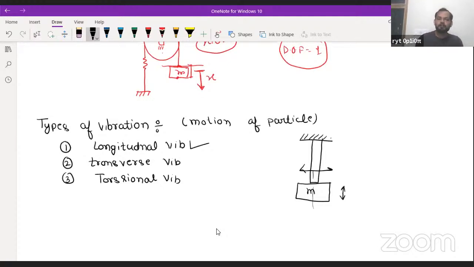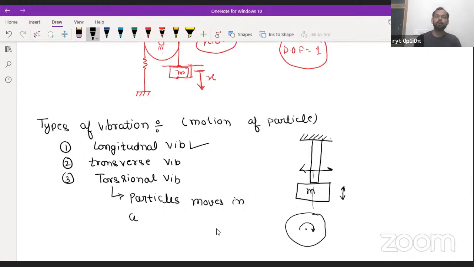And what about the torsional vibration? For example, as you see, this mass is circular in shape. If you give one angular displacement to the system, because this rod is elastic in nature, it continuously vibrates like this. So in torsional vibration, particles move in a circle about the longitudinal axis.